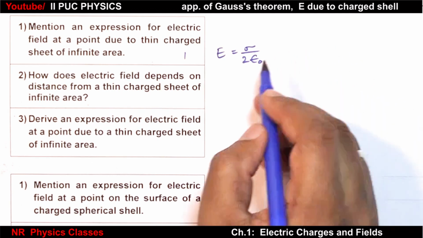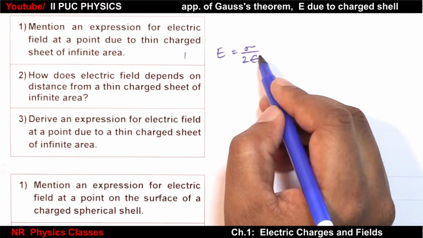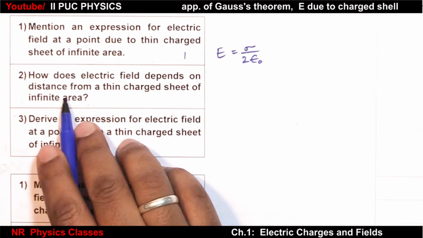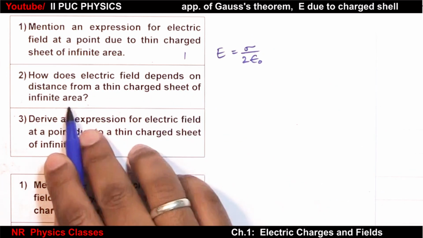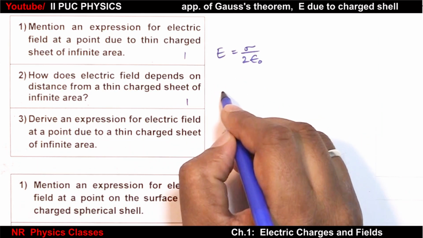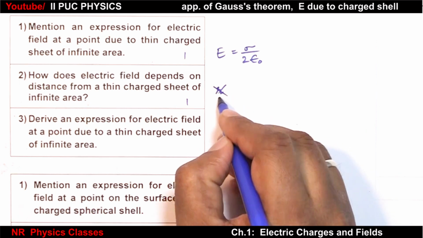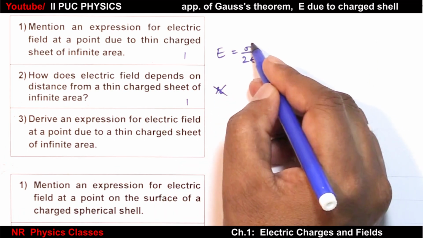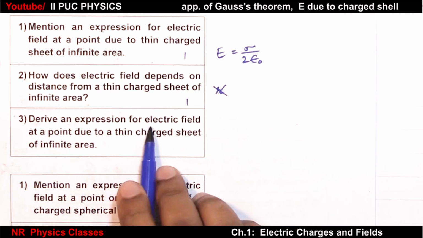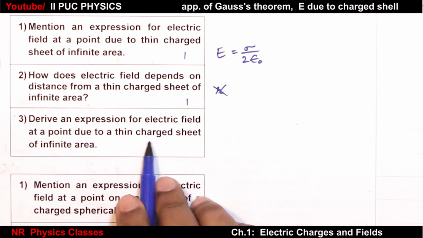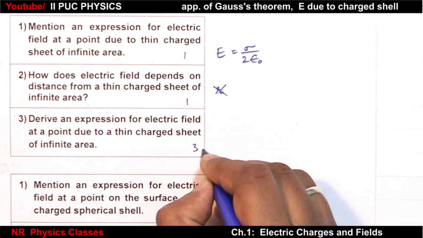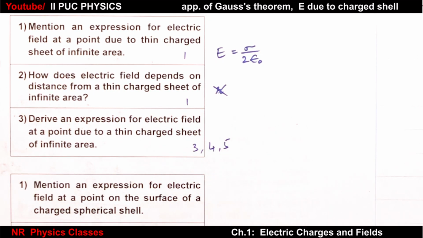To be on the safer side, please mention those. How does electric field depend on the distance from a thin charge sheet of infinite area? For 1 mark, it is independent of distance. It doesn't depend on R. You can observe that in the equation. Derive an expression for electric field at a point due to a thin charge sheet of infinite area. This can be for 3, 4 or 5 marks.